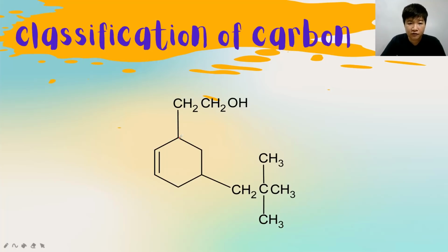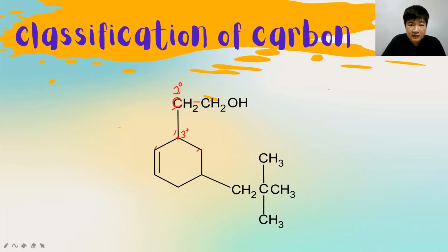So we are going to start off with this carbon. So what would this carbon be? This carbon will be a tertiary carbon because it's bonded to 1, 2, 3 carbon. The carbon up here, what would this carbon be? This carbon would be a secondary carbon because it's bonded to 2 carbon.